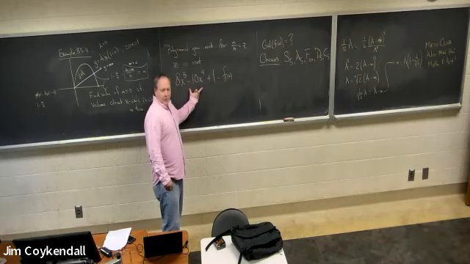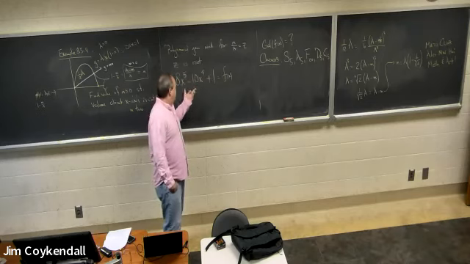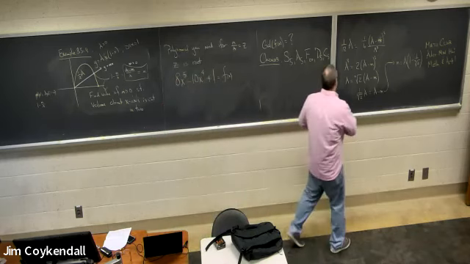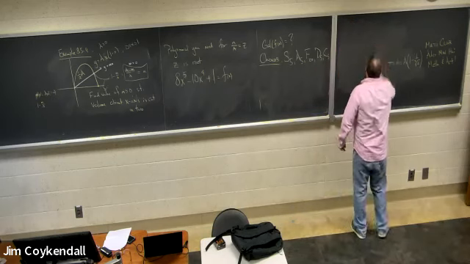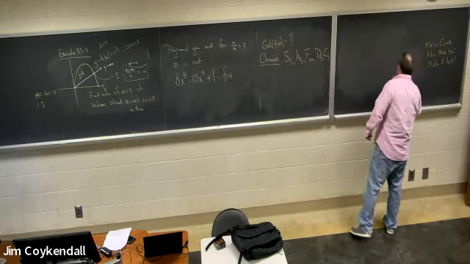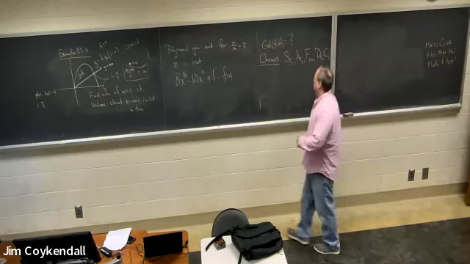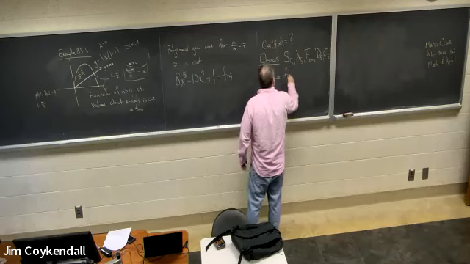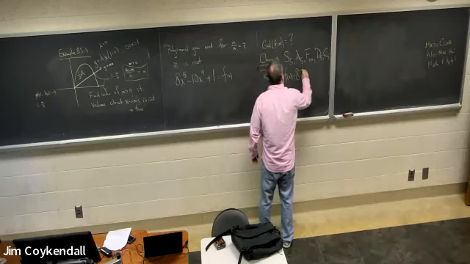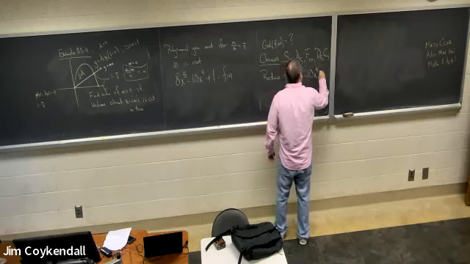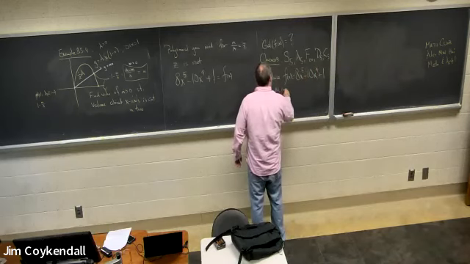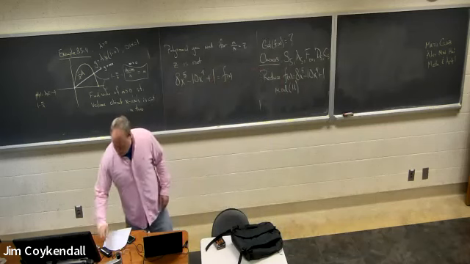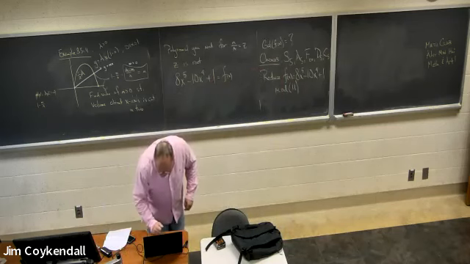If you try to reduce this mod 2, and again, it's not mod 2, you get the polynomial 1, which isn't really helping anything out. But it turns out that if you reduce this mod 11, this is what I got, and I will verify this works.